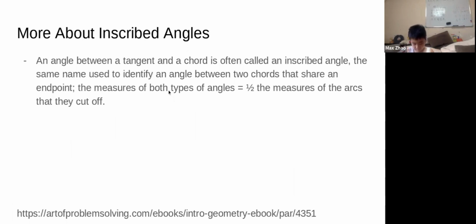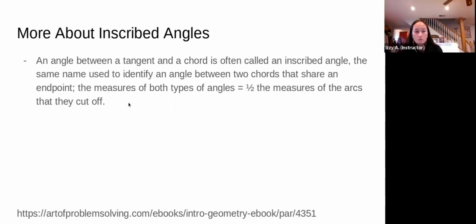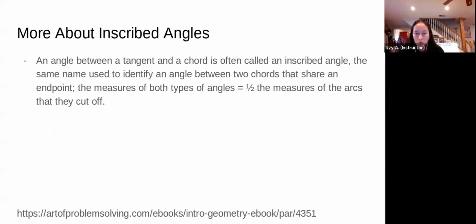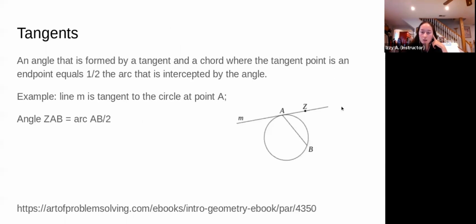Okay. So for example, an angle between a tangent and a chord, that's often called an inscribed angle. So this is an example of also an inscribed angle because this is a chord right here, and this is a tangent line, so therefore, angle ZAB could also be considered an inscribed angle.